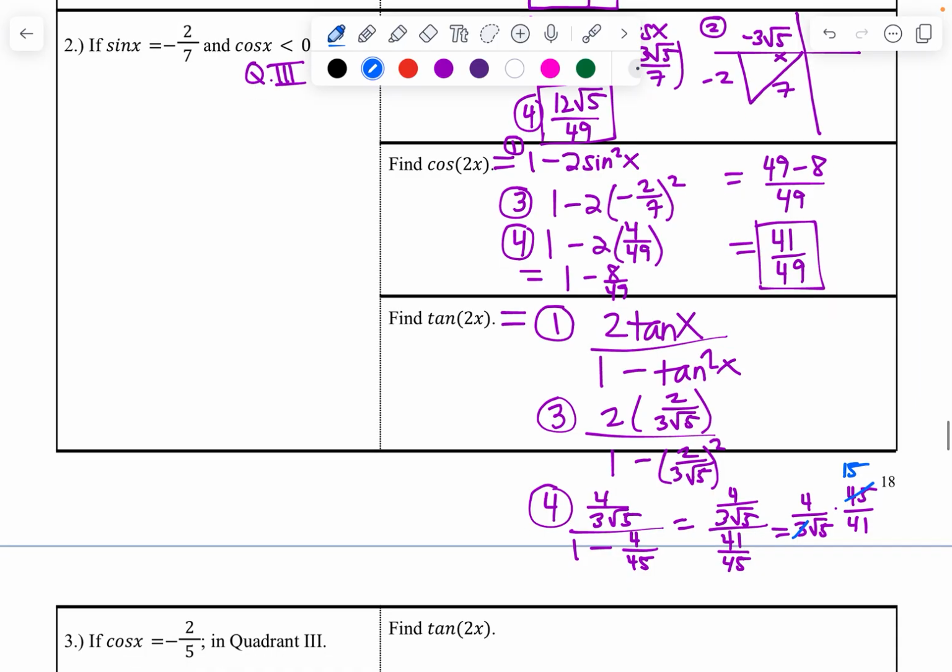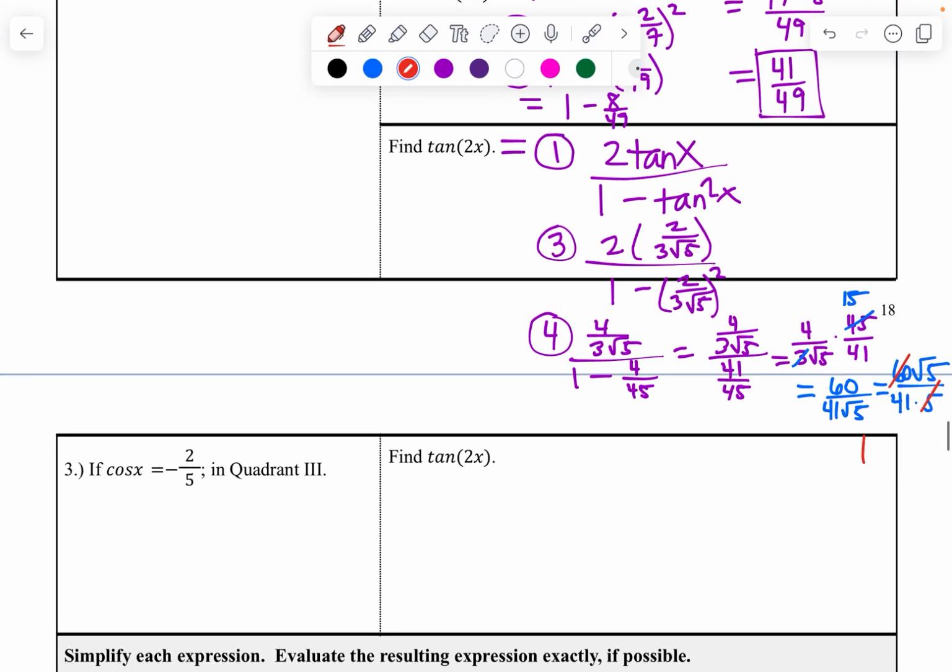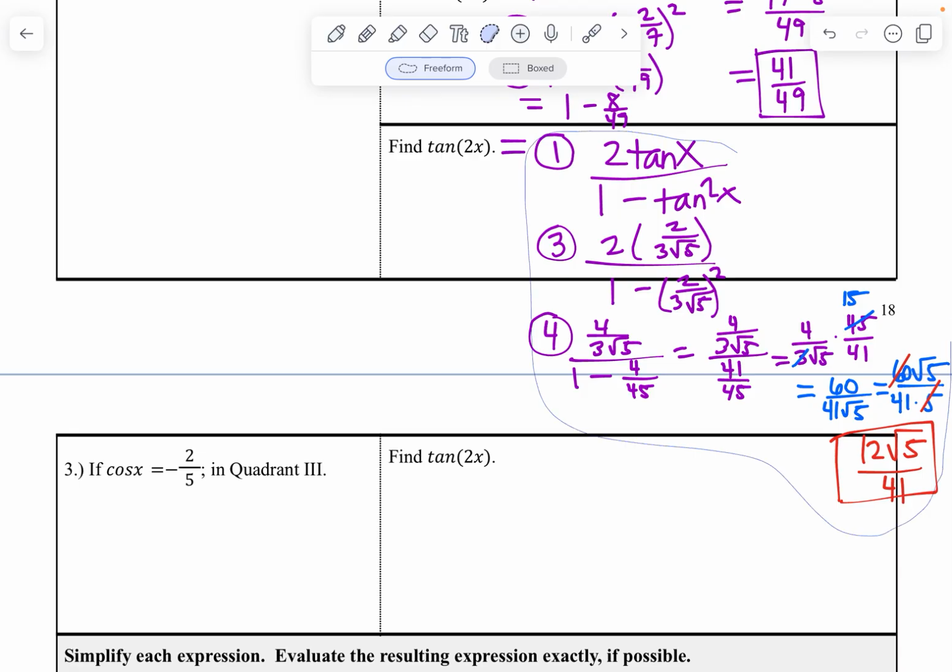So 15 times 4, we'd have 60 over 41 square root of 5, but then we'll have to rationalize. So we would multiply top and bottom by square root of 5, so we'd have 60 square root of 5 over 41 times 5, but again, we can cross-reduce. These are both divisible by 5, and bring it down to 12 times the square root of 5 over 41. And that's what the tangent of 2x would equal.